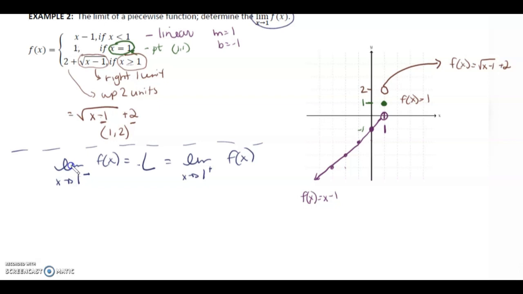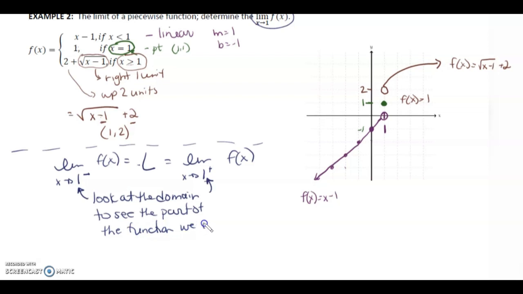What's going to happen is we're going to have to take a look at the domain, to see the part of the function we work with. Okay, I don't want to say the function because this is actually one function, but it's broken down into 3 because it's a piecewise function. So just the part of the function that we're going to work with.